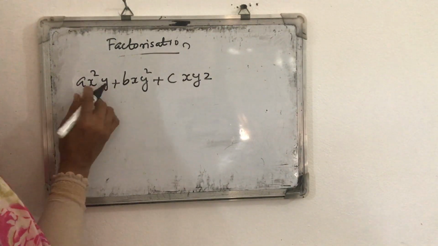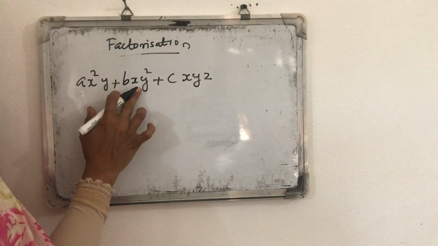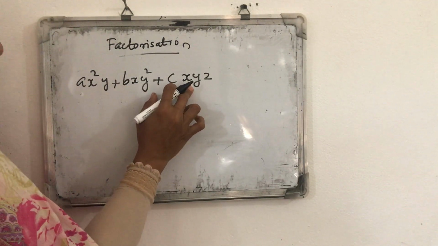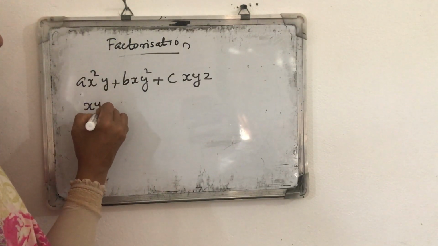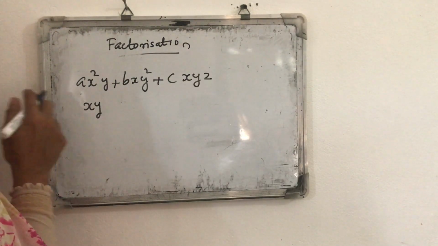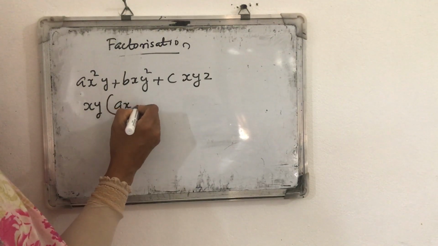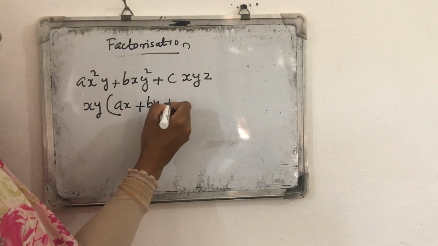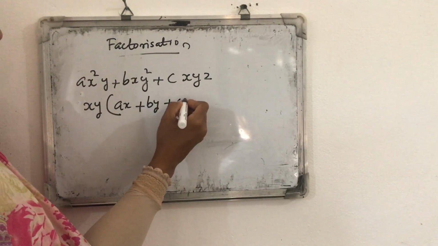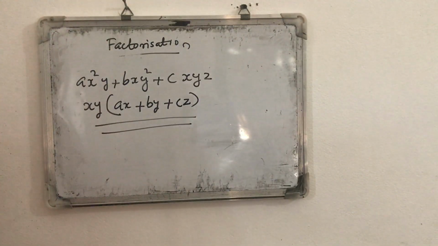Here x square y, x square y, x y square, x y z. In all these terms, the common factors are x and y. Then what is remaining? In the first term remains ax, in the second term remains by, and in the third term remains cz. So this is the factorization form of this.